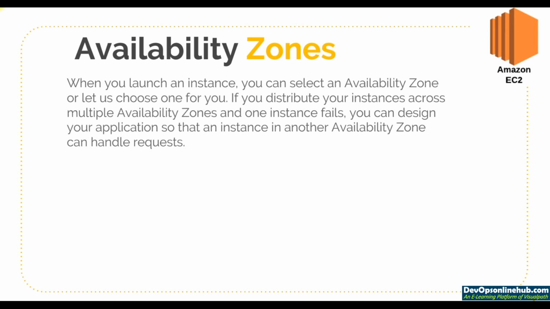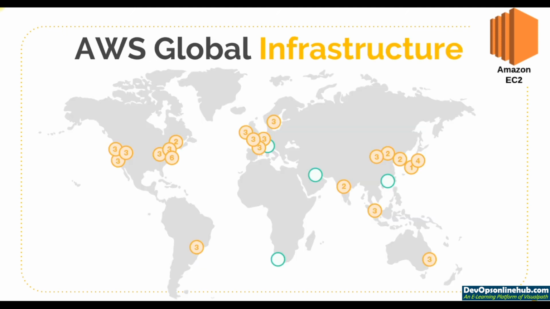Now, if you're wondering, how do I find my closest region? Well, don't worry. I'm not going to tell you to look into the map. We have a better way. If you or your customers, your users, fall in a geographical location which is in between two regions, let's come back to this map.